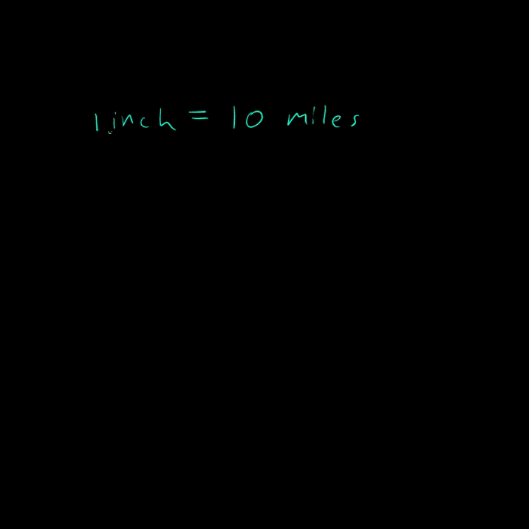So we have a ratio, or let's see here, we can turn this into a ratio. We say that 1 inch over 10 miles, this will be our rate. 1 inch to 10 miles. So, this is our scale.